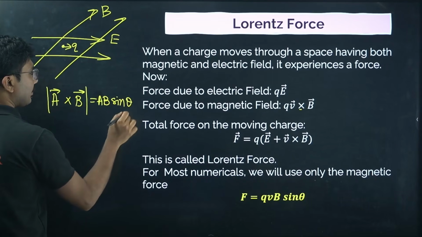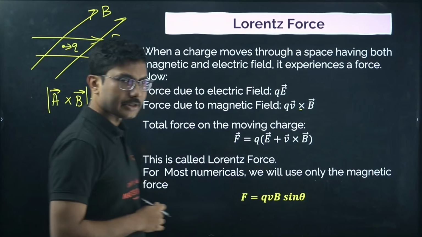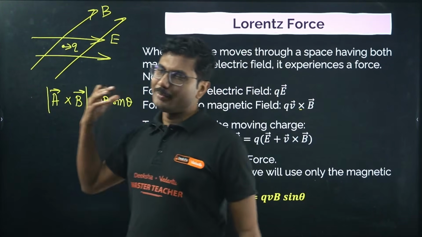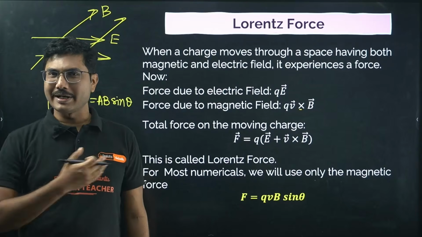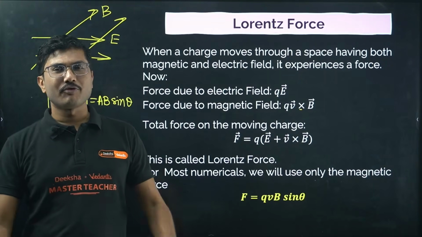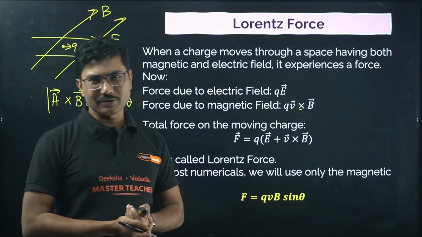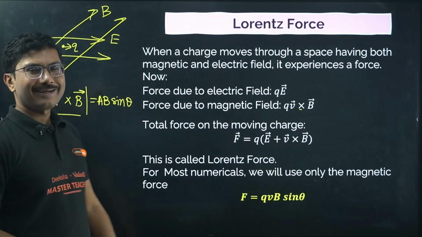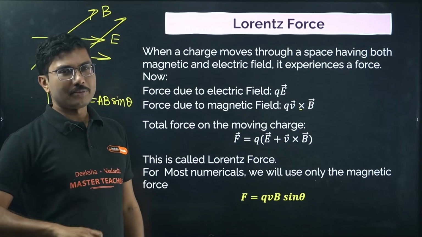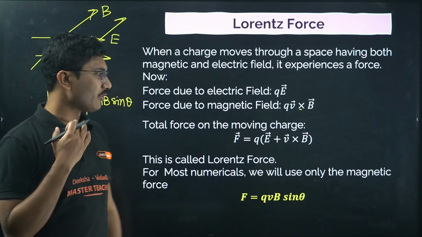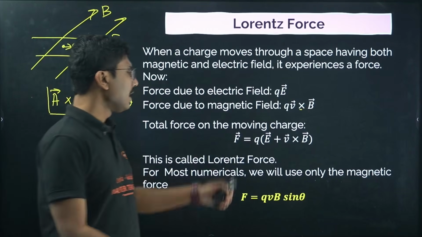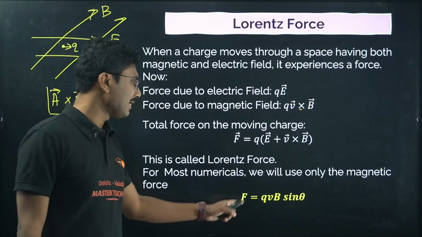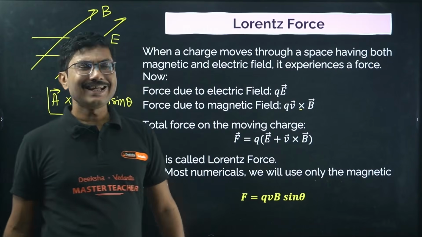For dot product it was cos theta, for cross product it was sine theta. Right now it is not the time to explain why it is sine or why it is cos, but you should remember that cross means sine and dot means cos. If you remember that, it will be very helpful for you to solve questions. So the magnitude of this magnetic force is given by QVB sine theta.